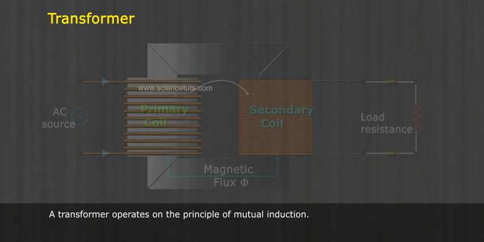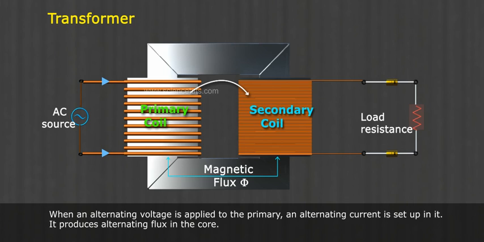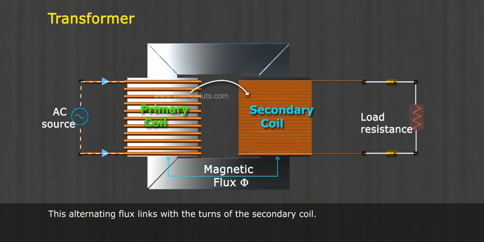A transformer operates on the principle of mutual induction. When an alternating voltage is applied to the primary, an alternating current is set up in it. It produces alternating flux in the core. This alternating flux links with the turns of the secondary coil.